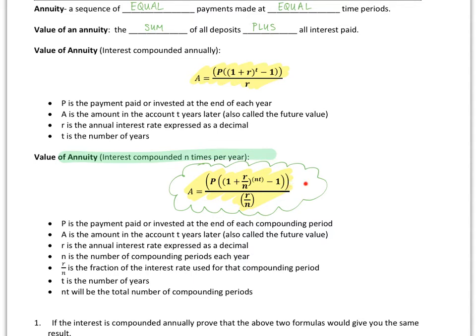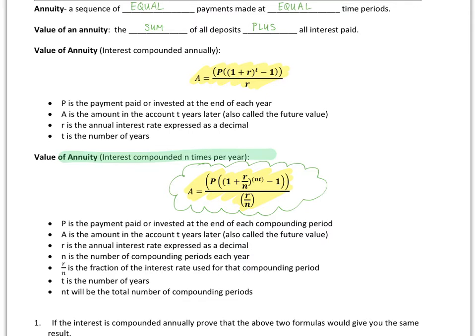So add it to your formula sheet. It's the principal P times the quantity of (1 plus r over n) to the nt, minus 1, all over r over n. So parentheses are huge when we're dealing with this formula.